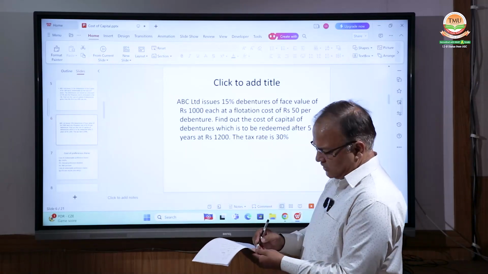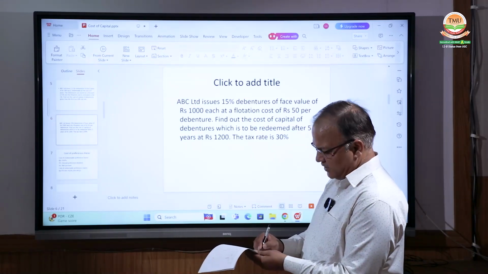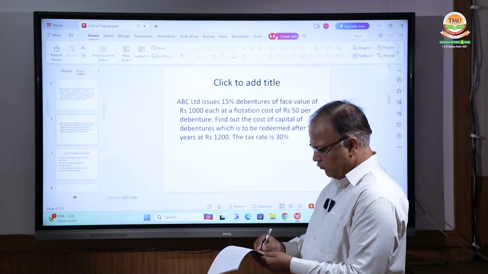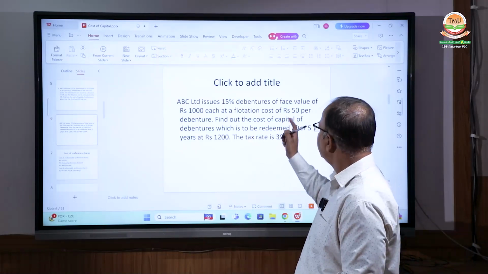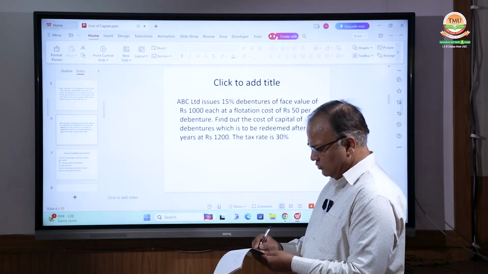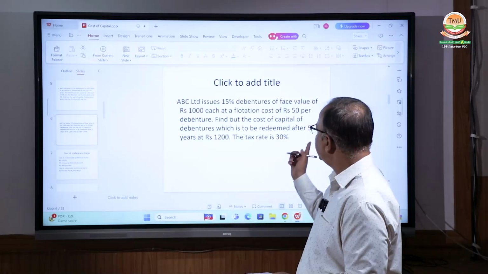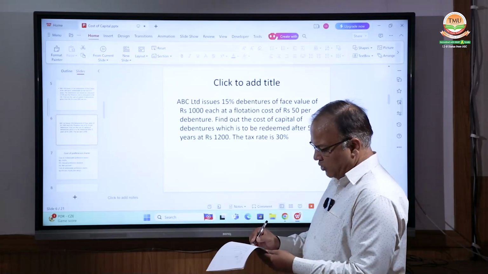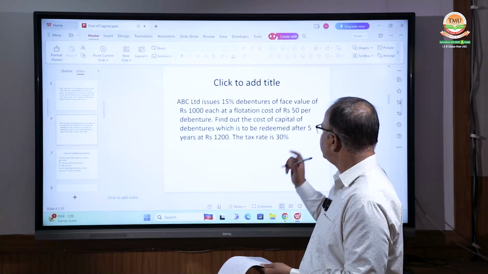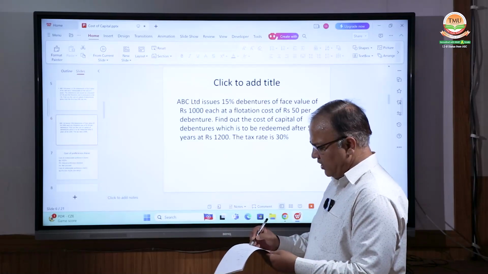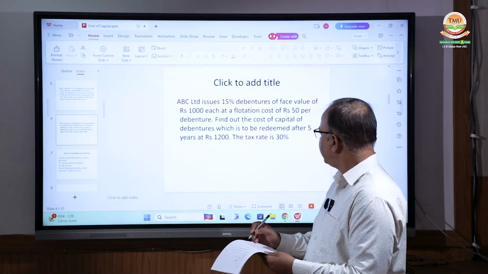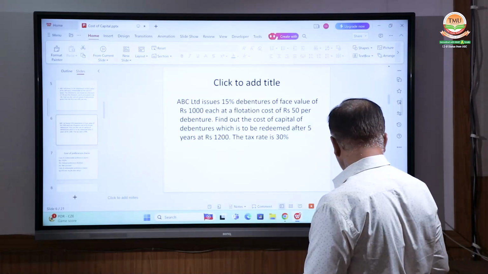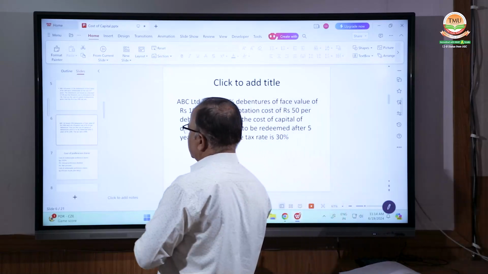It is given in the question that 15% is coupon rate, face value 1000, flotation cost rupees 50 per debenture, number of years 5, redemption value 1200, tax 30%. Now let's do the problem.